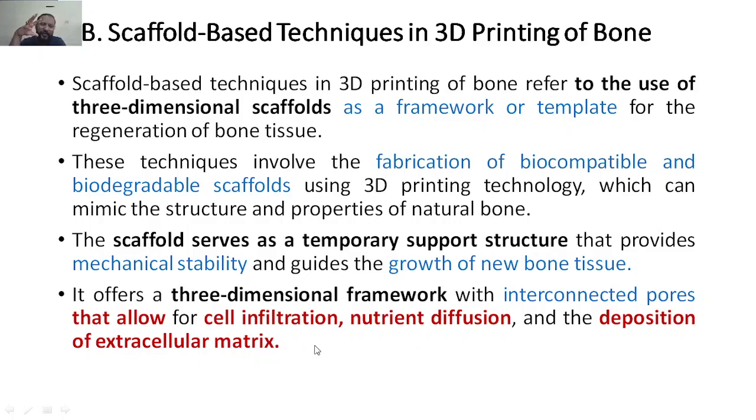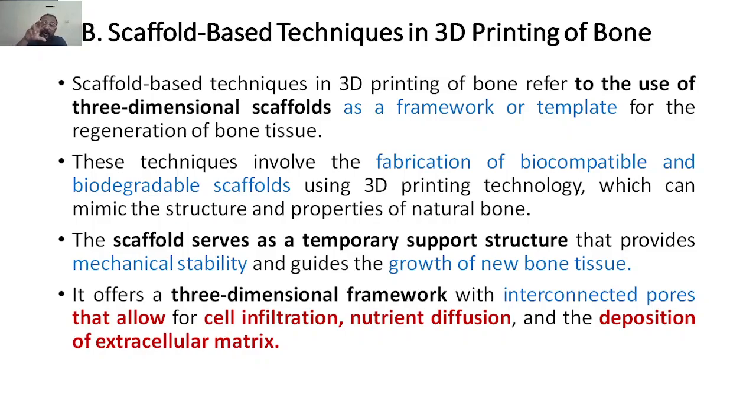Now, why this scaffold is very important is that it has interconnected pores inside, so that it will allow 3 major functions. Cell infiltration will be there, meaning cells will start moving, right? For that, pores are required. Next, nutrient diffusion.